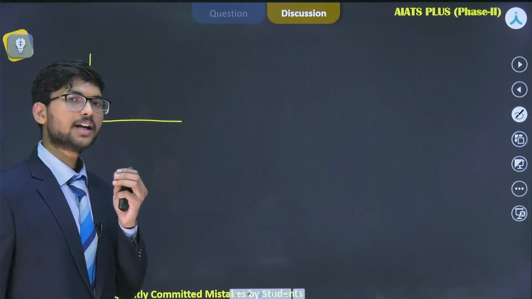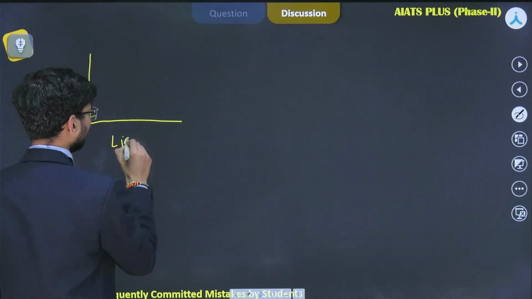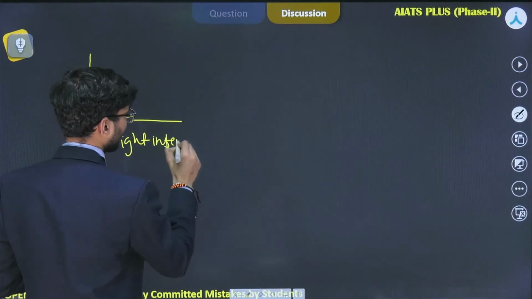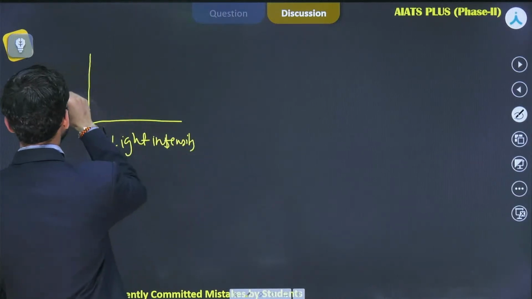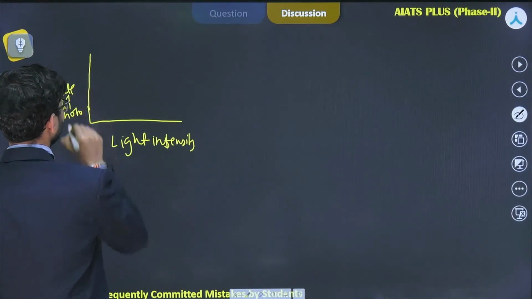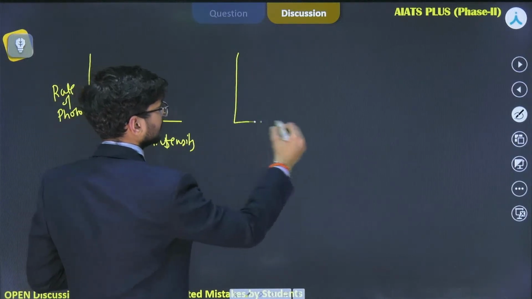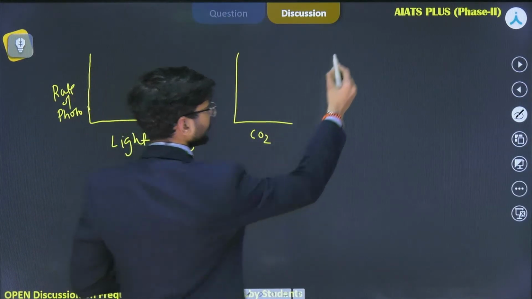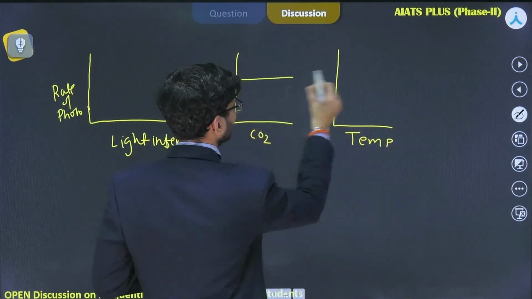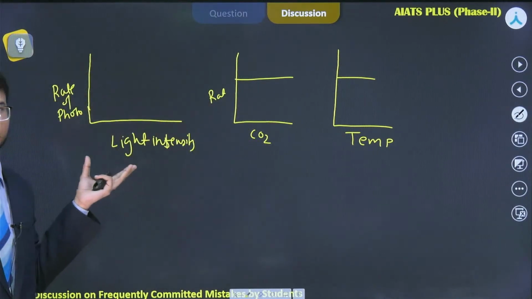So there is not enough light, while for the other factors, this particular graph is for light intensity and the rate of photosynthesis. In this condition all the other factors, that is CO2 concentration and temperature, are constant. The rate of photosynthesis is now limited by the light intensity.